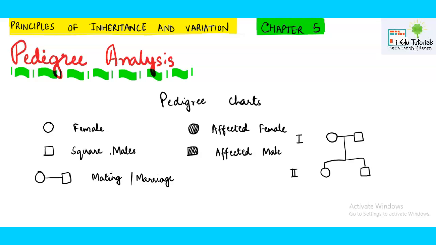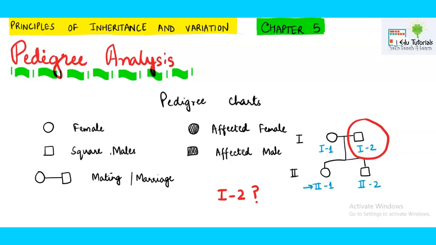And if we want to number the individuals, then this will be generation 1 number 1, this will be generation 1 number 2, second generation number 1, this individual, and then second generation number 2 individual. So suppose I ask you who is the second individual of the first generation, that means I am talking about this.